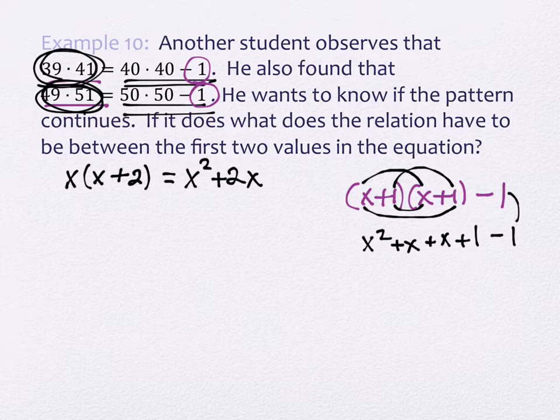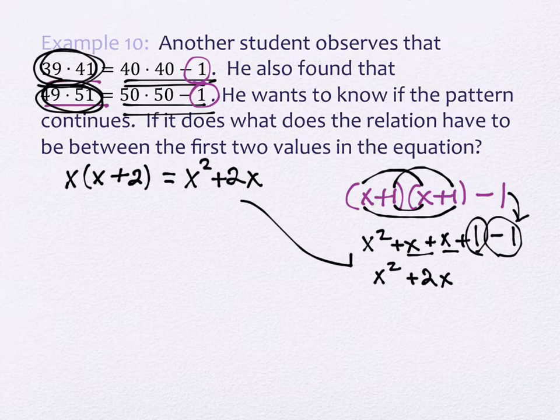And I have the minus 1 on the end coming down from above. So x squared is good. These terms are like terms. X plus x is 2x. And then beautifully noticed here at the end, I've got a plus 1 and a minus 1, and they cancel out or add to 0. And what do you notice that your result was when you did this? They're the same.